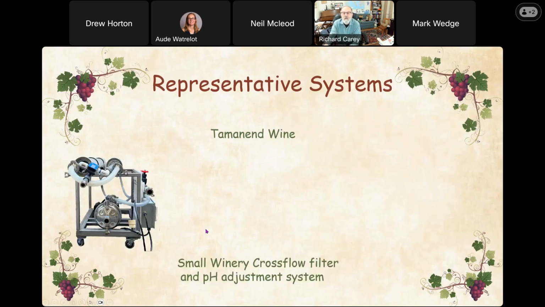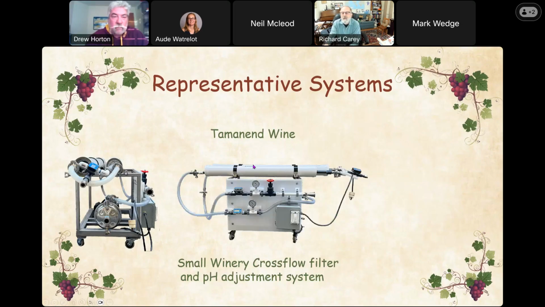This is a front view of the system, and this is a side view of the system. Basically, the pump is on this side where you put your inlet.